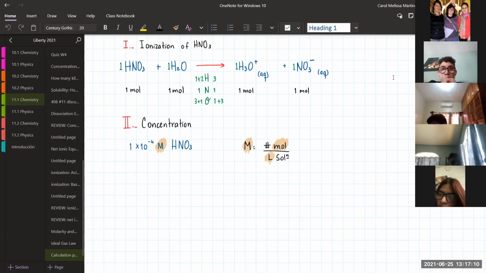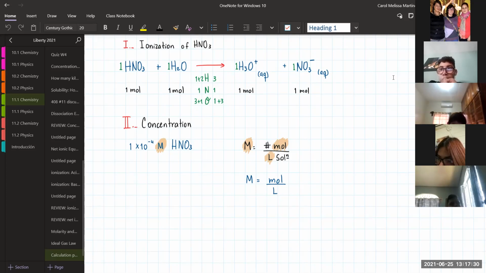So in the end, 1 molar is equal to the number of moles divided by the liters of the solution. So in this second step, you can actually do it in a single step, but it's just changing from molar to these units, moles per liter. So you're just going to substitute the M by moles per liter.